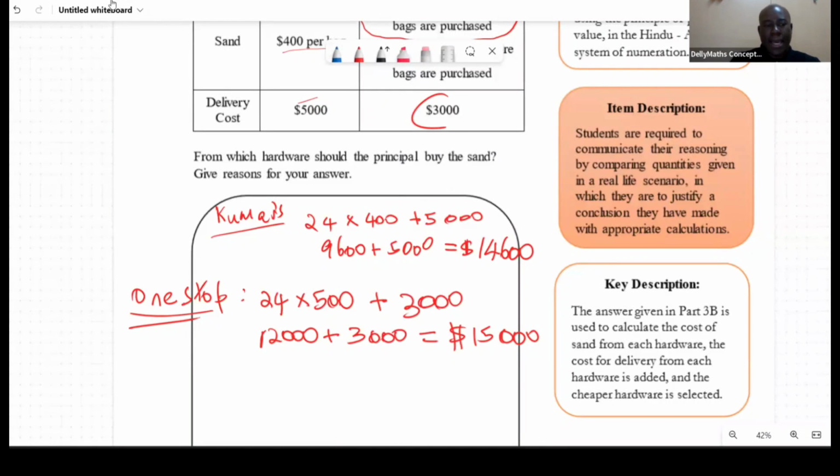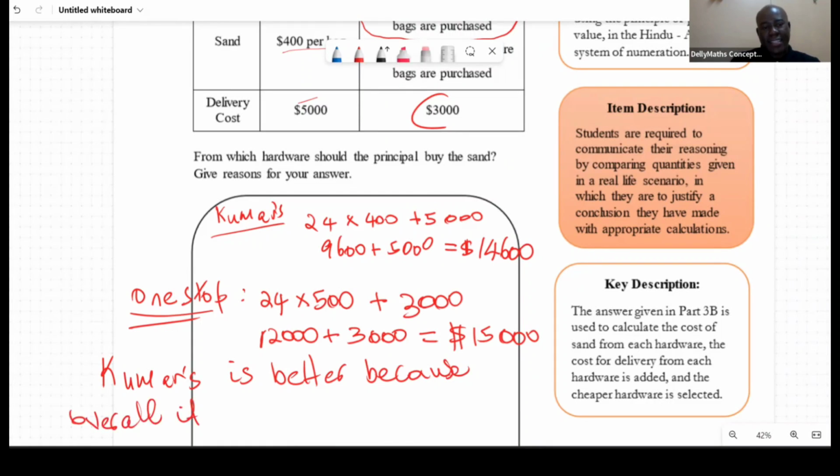So we want to state that Kumar's is better because overall it costs less.